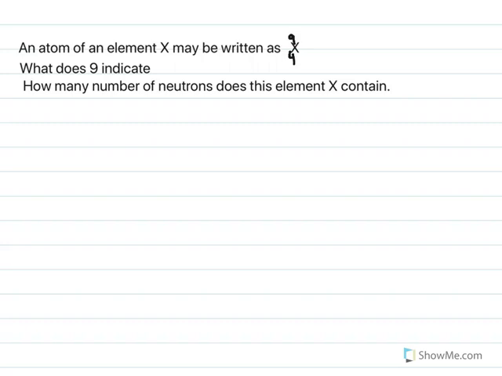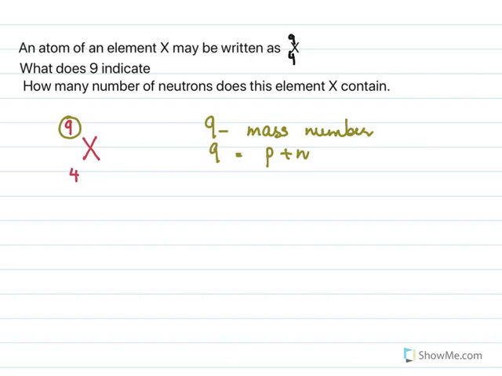An atom of an element X is written as, so we have X written as 9 and 4. What does 9 indicate? Now, as we have seen earlier, 9 is the mass number. And 9 equal to mass is protons plus neutrons.